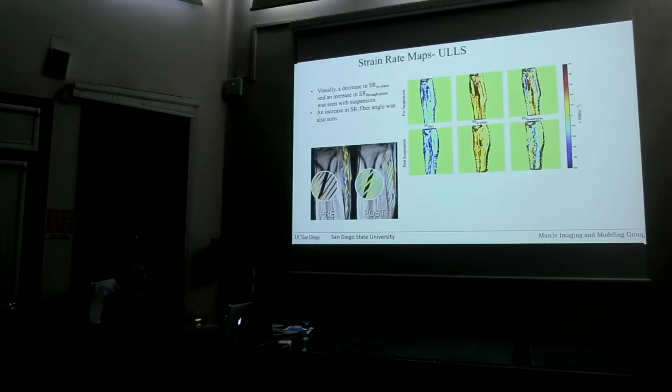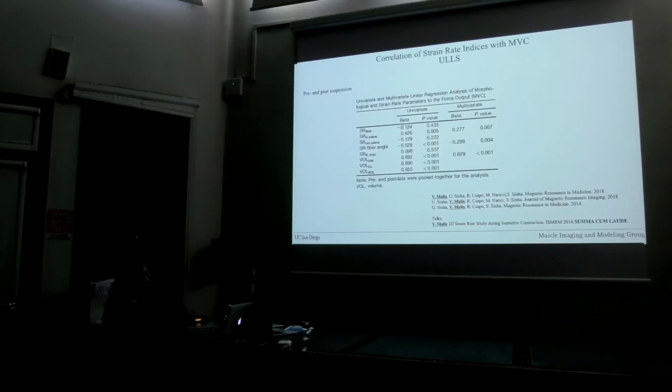And we got related results for the limb suspension model as well. Just briefly here, which of these strain rate features were associated with loss of force with suspension? Again, SR in plane. The first thing that should jump out at you is SR fiber, right? Contractility of the muscle fiber itself. But that doesn't seem to be as associated as much as the SR in plane, that means the deformation in the in-plane direction.